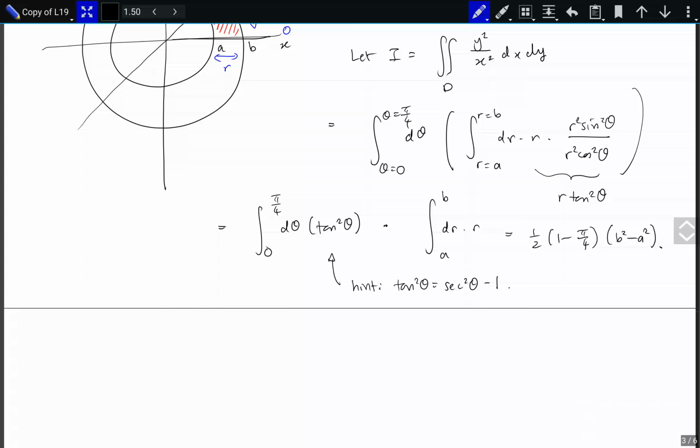And you can remember some of your trigonometric formulas. The integral of sec squared is tan.